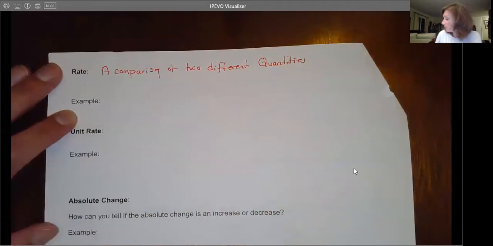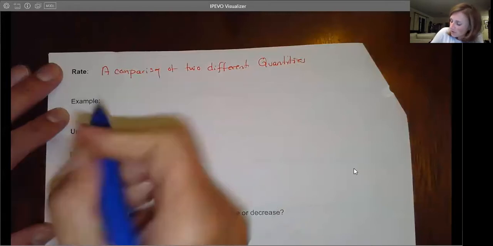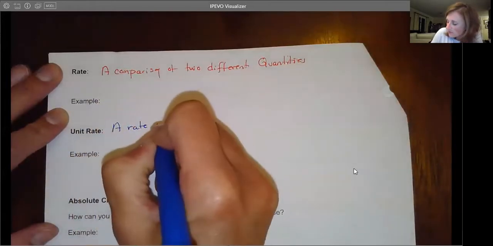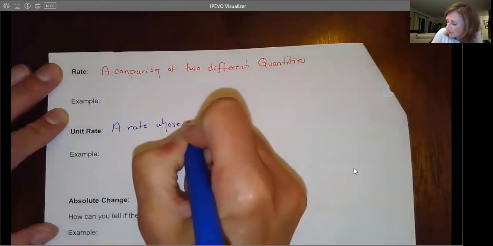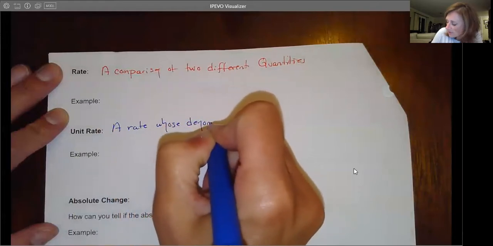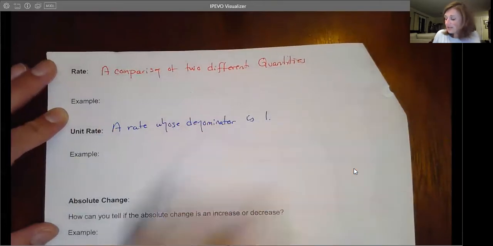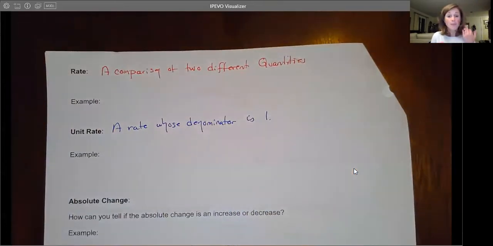And we're going to do an example right now. And then let's do a unit rate. A unit rate is a rate whose denominator is numerically 1. So you take your rate that you've made and you pop it in the calculator and it becomes 1.